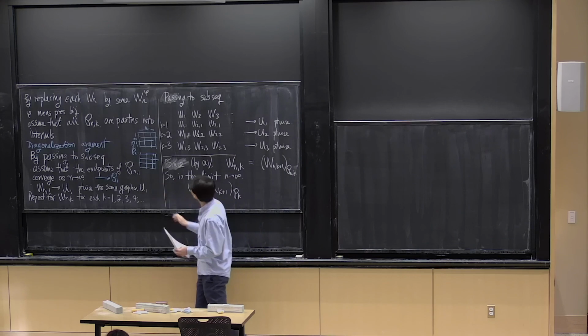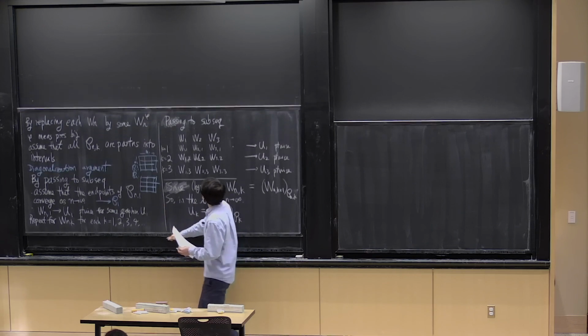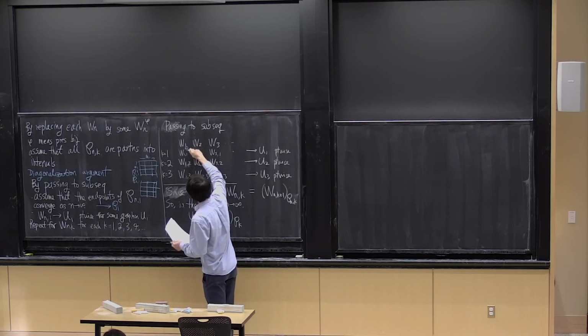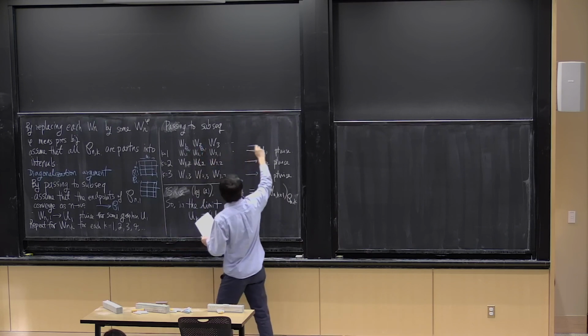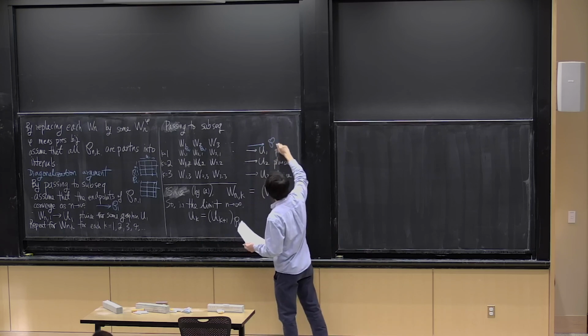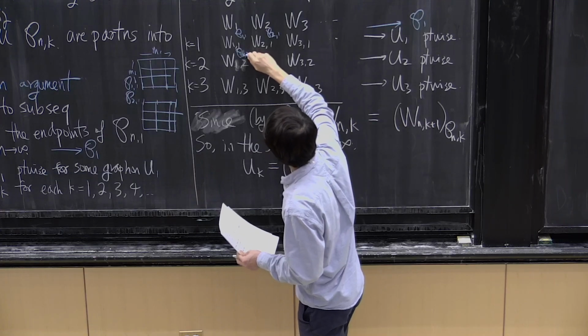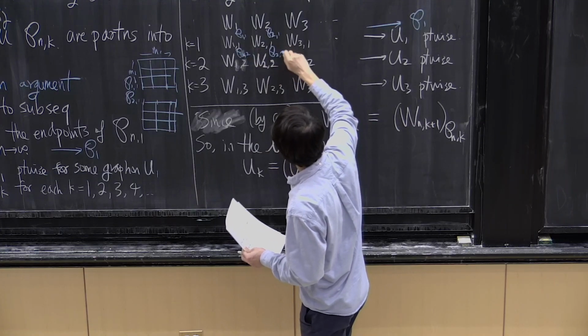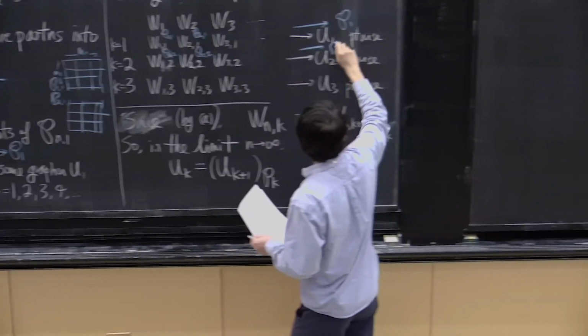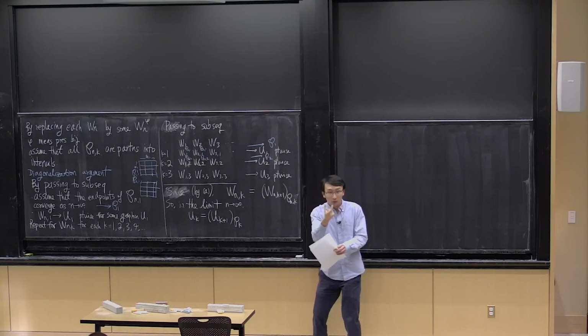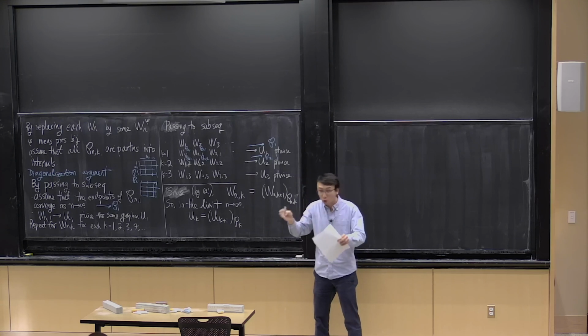Okay, so if you look at the partitions that correspond to P11, P21, and so on, I want these partitions to converge to P1. I want these partitions to converge to P2. All of these are partitions into intervals.